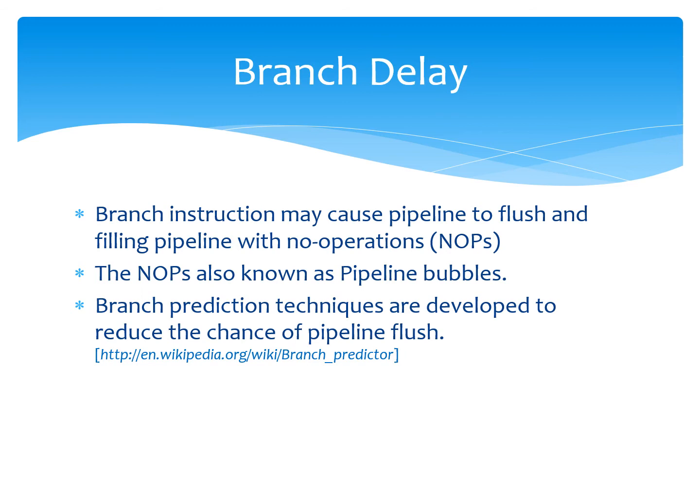These no operations are also known as pipeline bubbles. A branch may have a negative impact on the pipelining execution. Branch prediction techniques are developed to reduce the chance of pipeline flush.